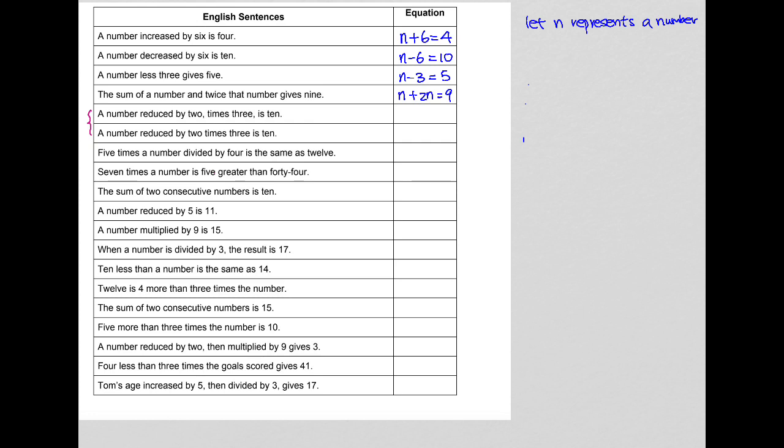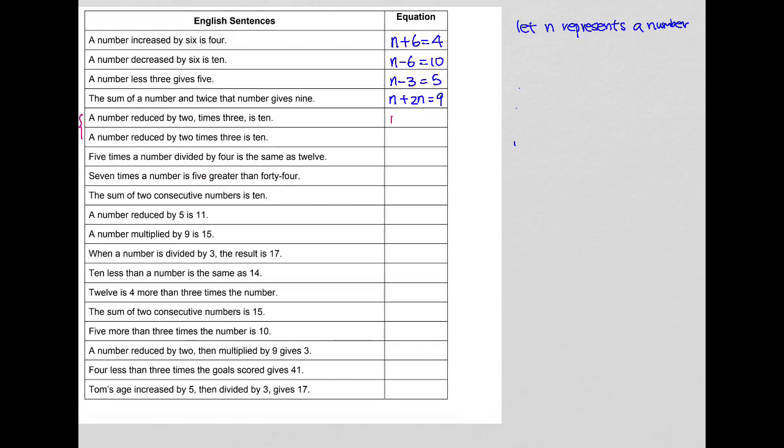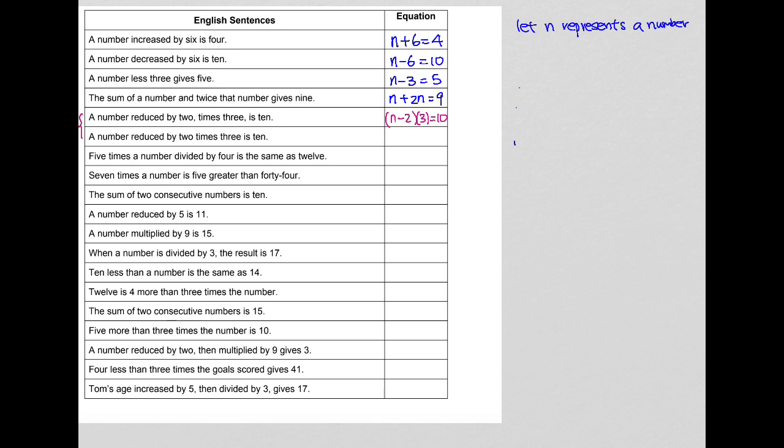So let's look at the first one. A number reduced by 2, so n subtract 2, then times by 3, so bracket times by 3 is 10. And sometimes we write the numbers in front. So we will say 2 times n minus 2 equals 10.